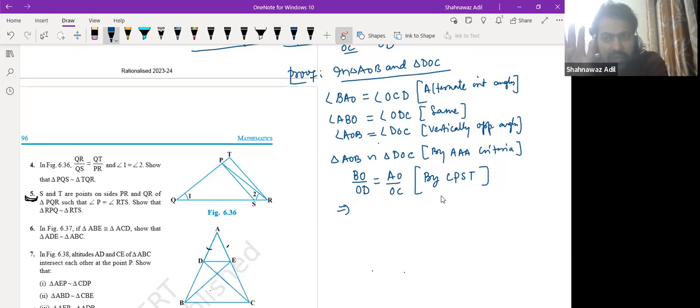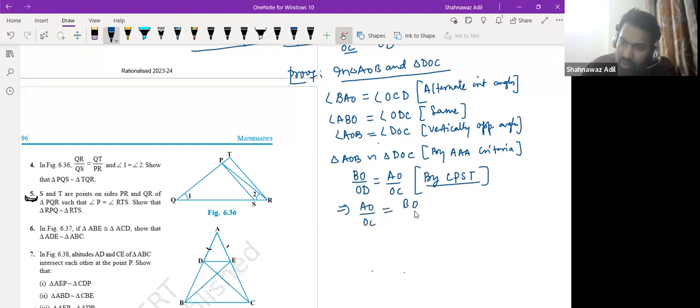Whenever we have similar figures, their corresponding sides' ratios are proportional. So if we arrange it, is it clear?